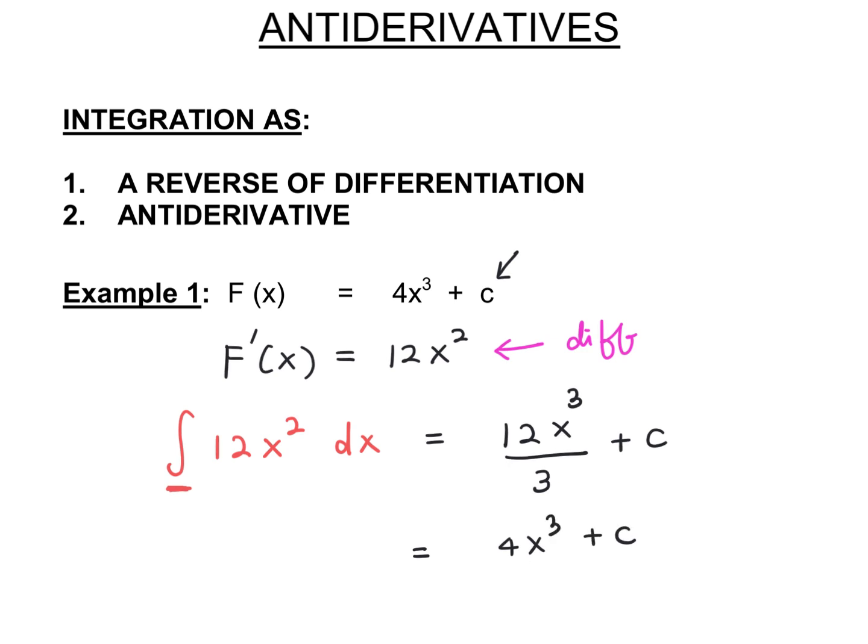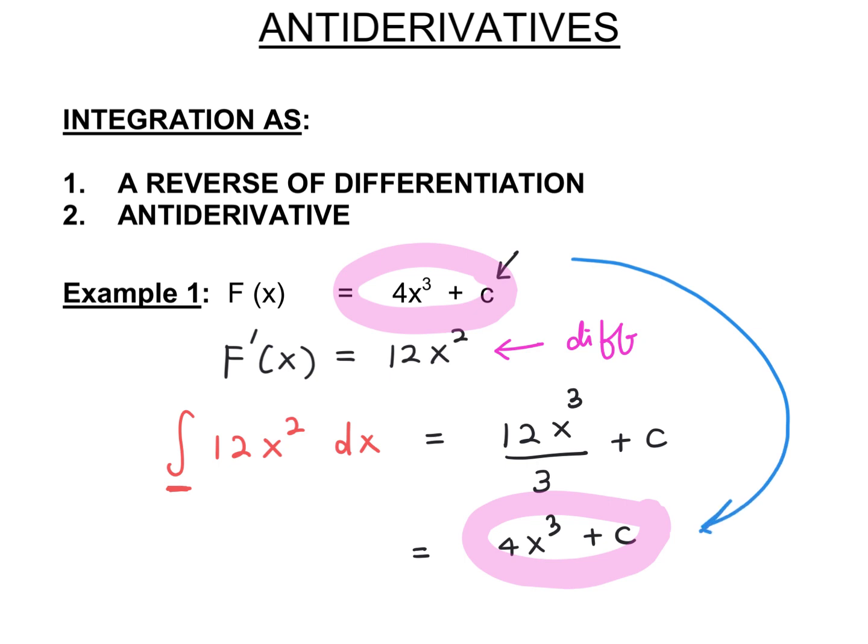If you note what we get now, 4x to the power of 3 equals the original equation, the original function. So now these two are equal. That's why this is called the reverse process of differentiation.